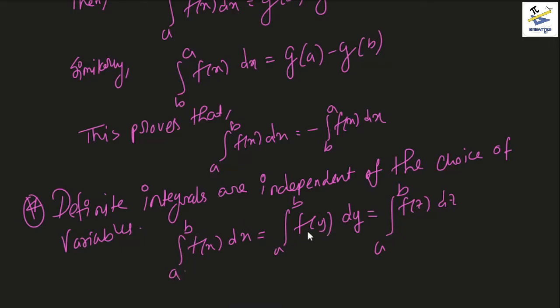All of them will evaluate to the same thing, right? Because at the end of the day, if f has an antiderivative, it will be given as g of b minus g of a, because it doesn't matter what variable name you are using, right?